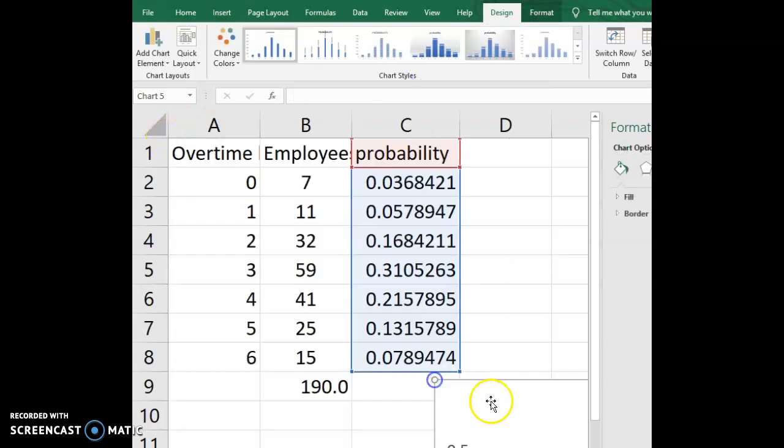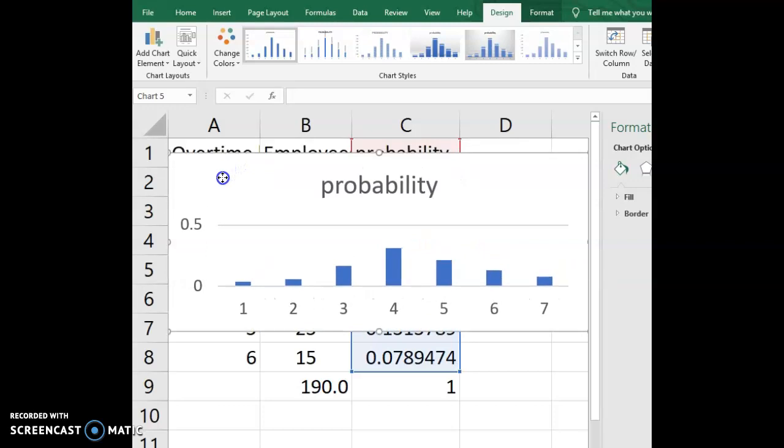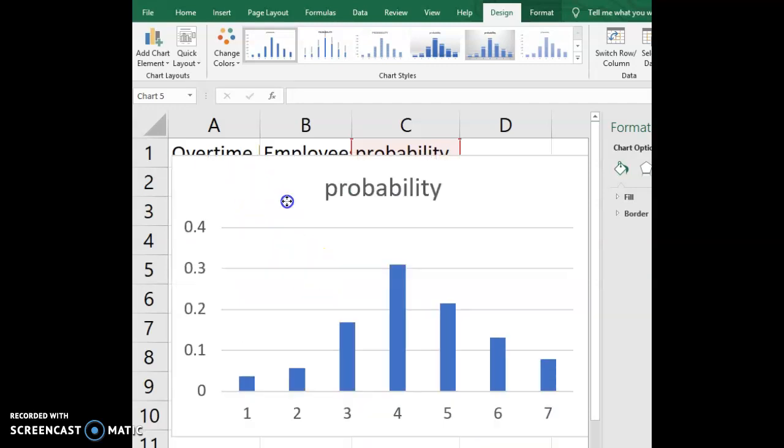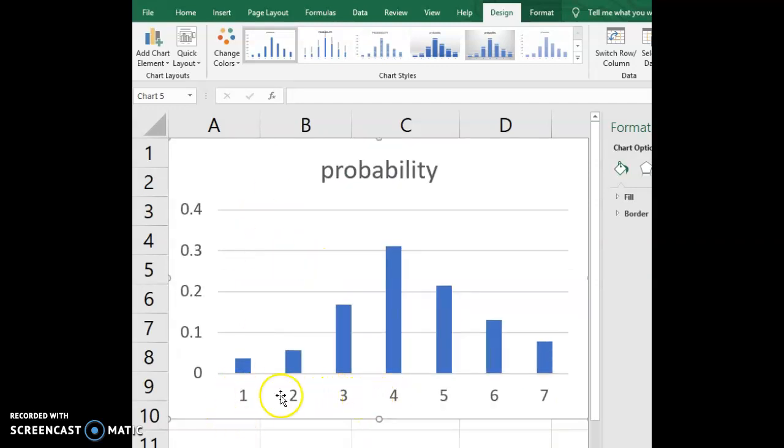Now I don't have my labels right for my x-axis because I didn't select any, but you see that shape of what the distribution should look like, and the height of each bar is correct. This first bar is with the 0 hours of overtime, but Excel just did default labels of 1 through 7, so you would need to go in and change your labels there, but you see the correct shape here.